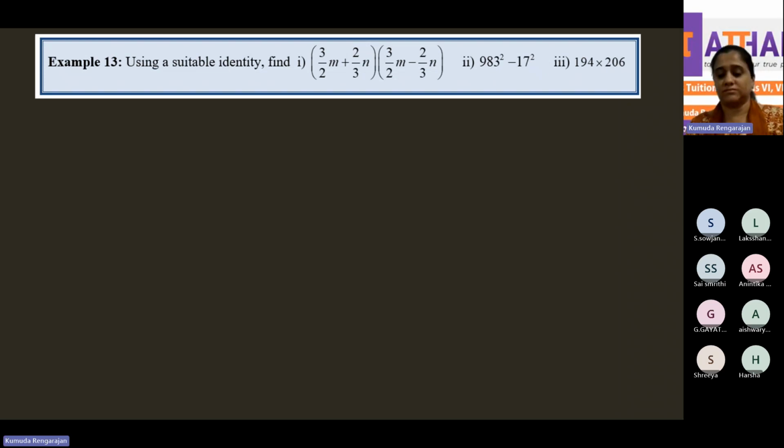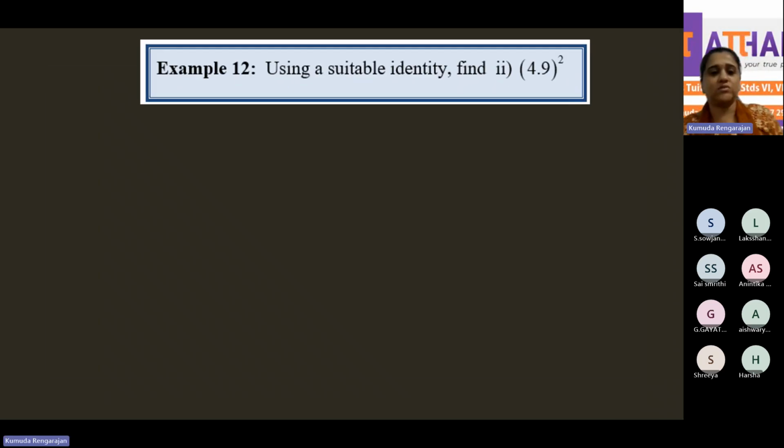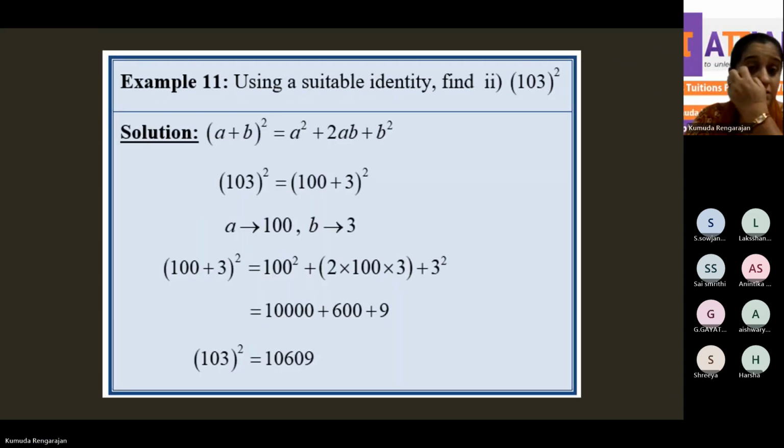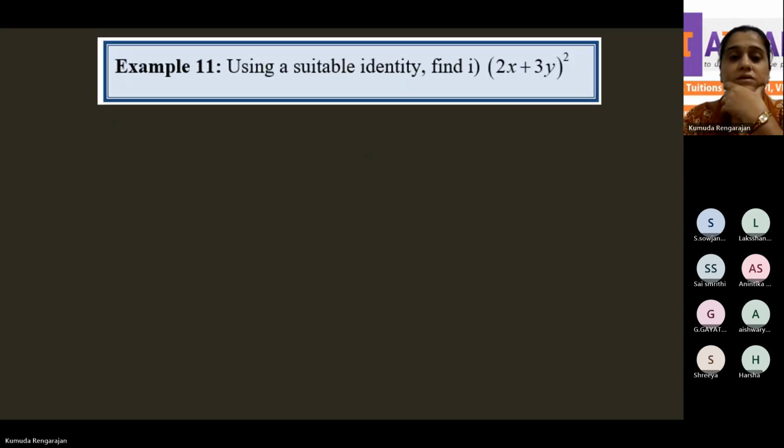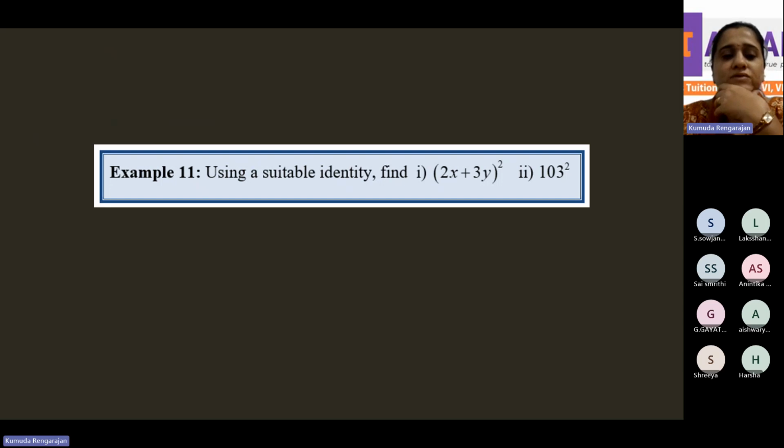Now look at this. See, children, this is the first one. Example 11. Here we had to use (a plus b) the whole square, for (2x plus 3y) the whole square, and for 103 square we write 103 as 100 plus 3 the whole square and treat it as (a plus b) the whole square.